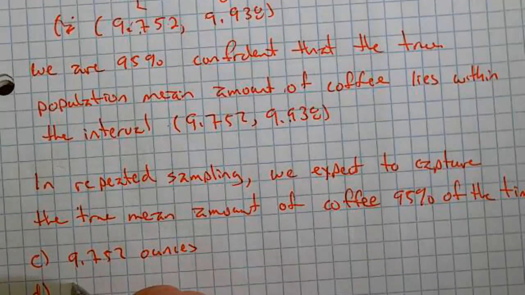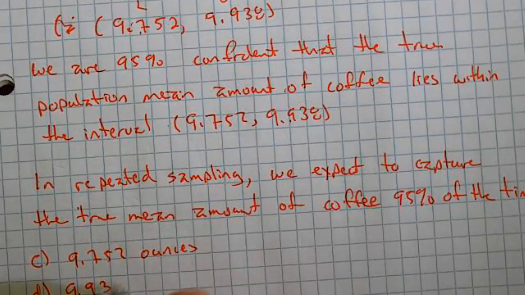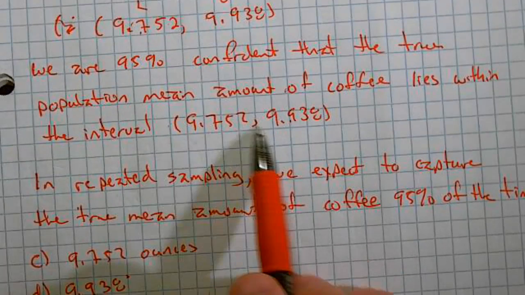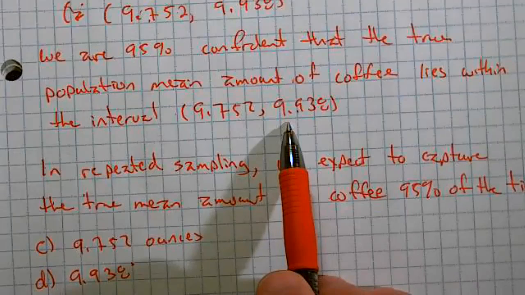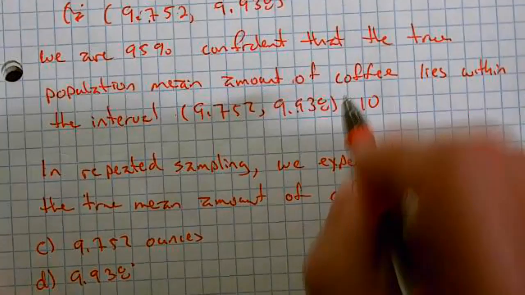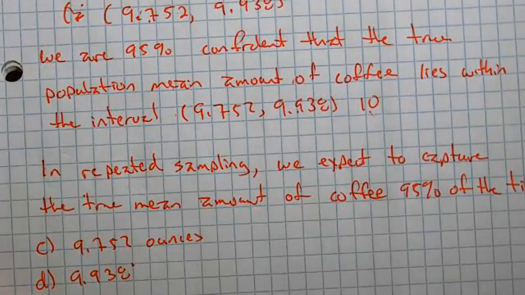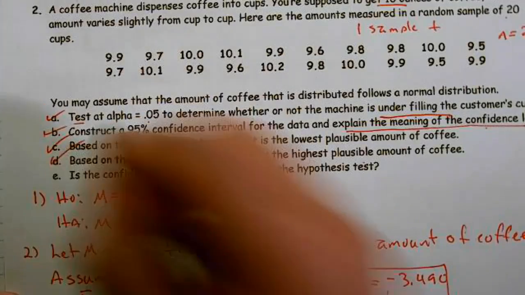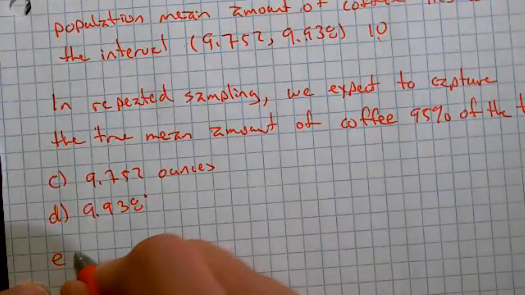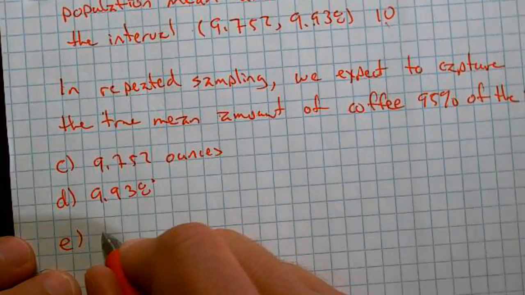So 9.938. And notice 10 ounces does not lie in the interval. 10 ounces is above it. 10 ounces is up here. It's not contained in that interval. So part E says, is the confidence interval consistent with a hypothesis test? All right. So first off, what does the interval say?